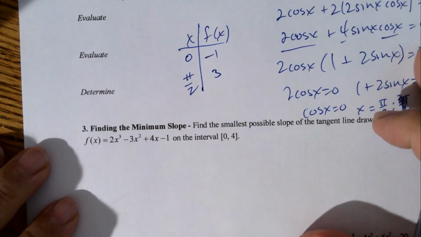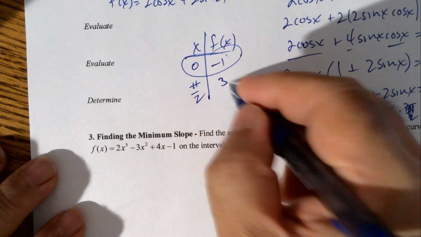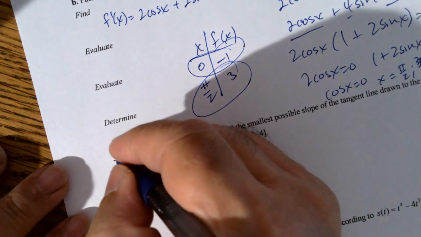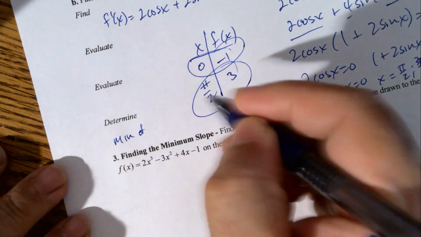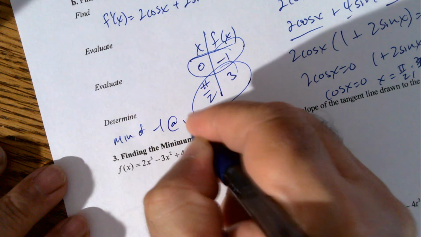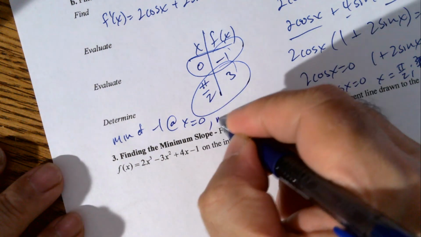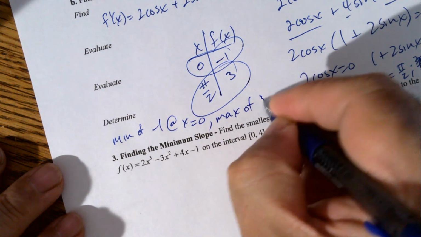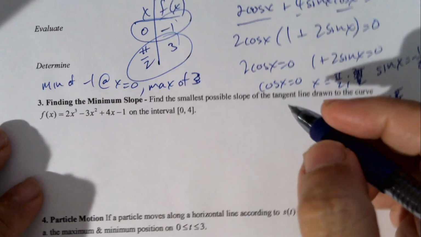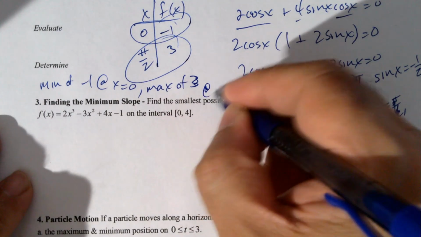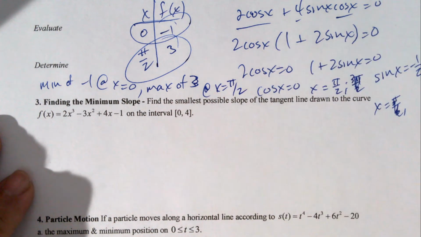So we have a min of -1 at x equals 0, and a max of 3 at x equals pi halves. All right.